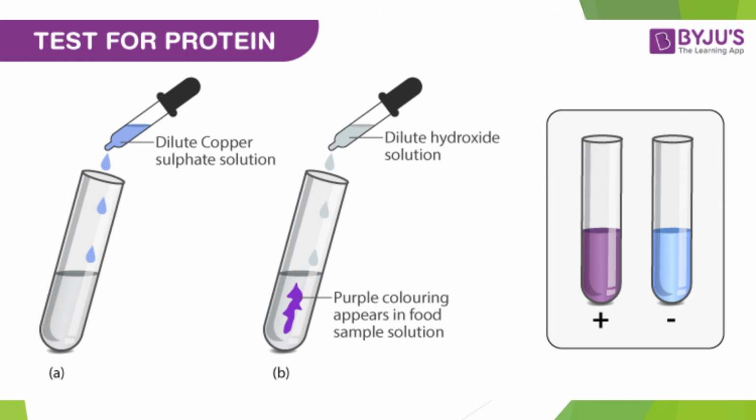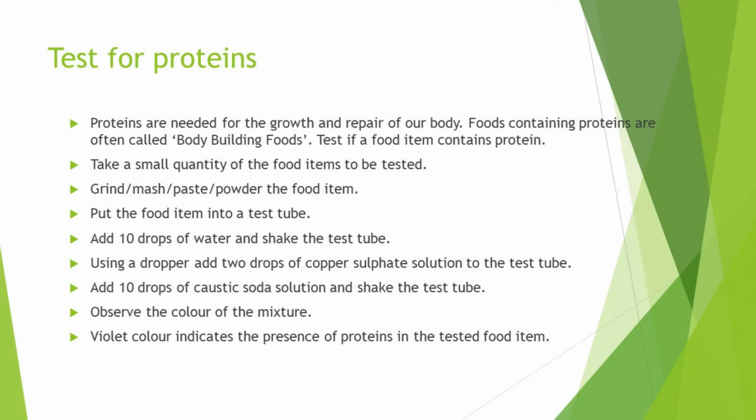This shows the presence of protein in the tested food item. So this is how the test for proteins is done. Like chana, besan, you can take the besan powder, make a solution of it, add the required chemicals, and it will change into purple or violet color.